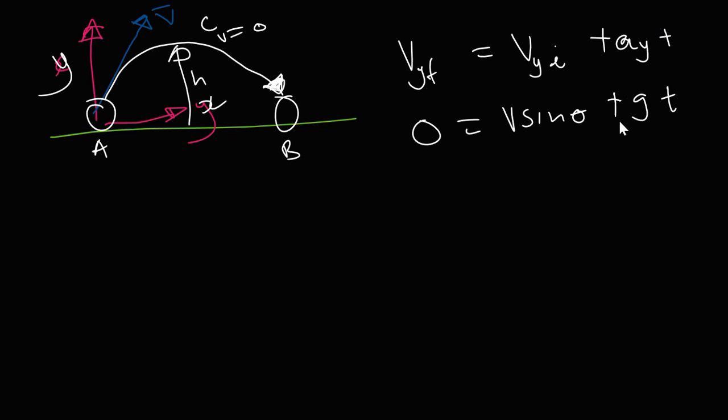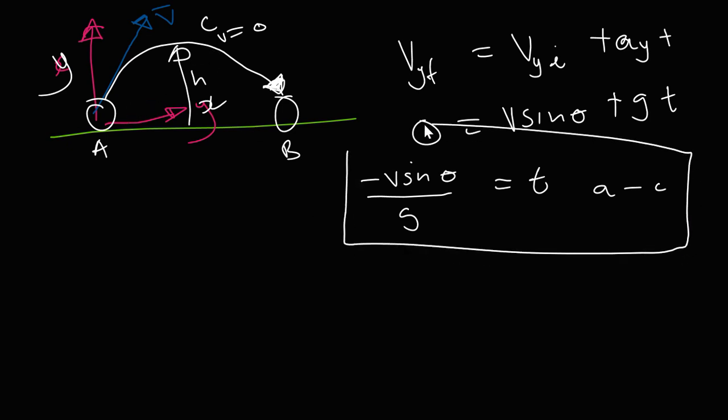From this equation, we can now get the time that the ball took to move from A to C. We move that to the other side, and we have negative v sine theta all over g equals the time to move from A to C. Now we have the formula to calculate the time moving from here to here.